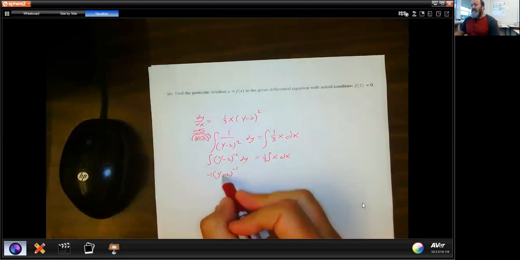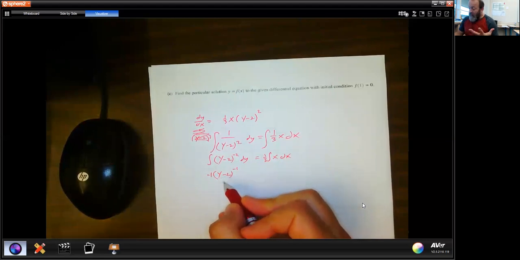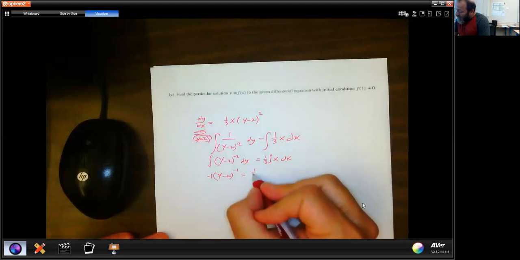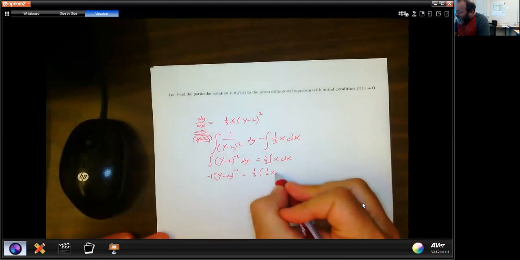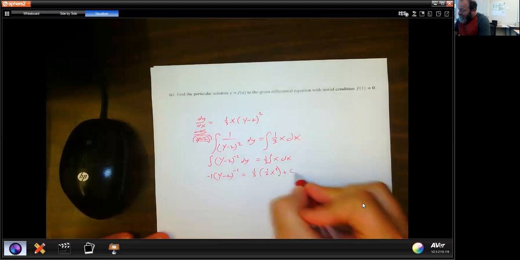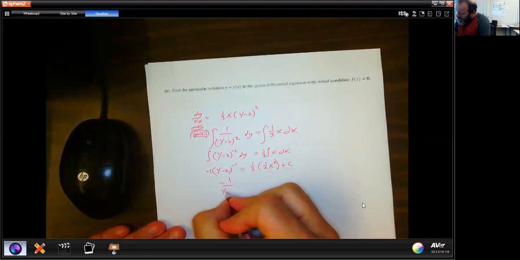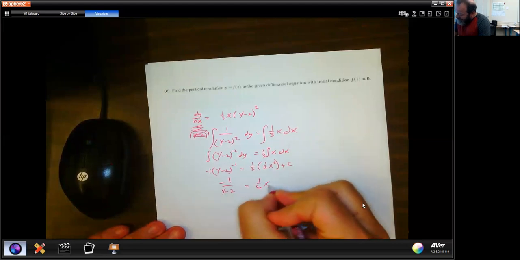Now, because of chain rule, we also have to consider the derivative of what's inside, but in this instance that would just be the number 1. And over here, we're going to have this 1/3 times 1/2 x squared plus c. So we actually have a fairly simple little story right here.